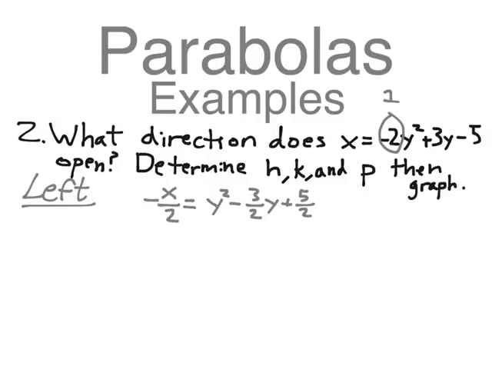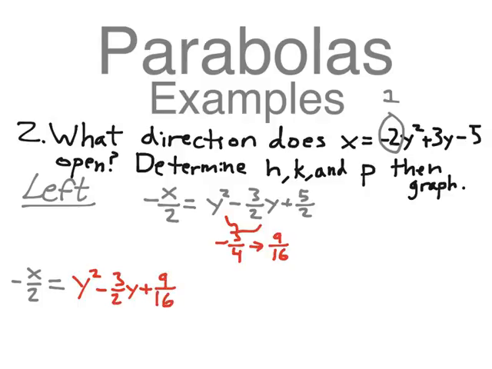To complete the square, I have to take this number, divide it by 2, which is negative 3/4, square it, which is 9/16. So now I have negative x over 2 is equal to y squared minus 3/2 y plus 9/16 minus 9/16 plus 5/2.